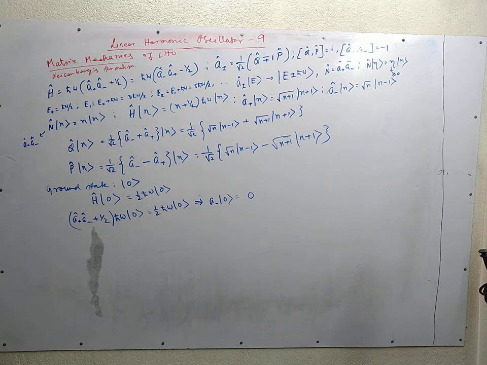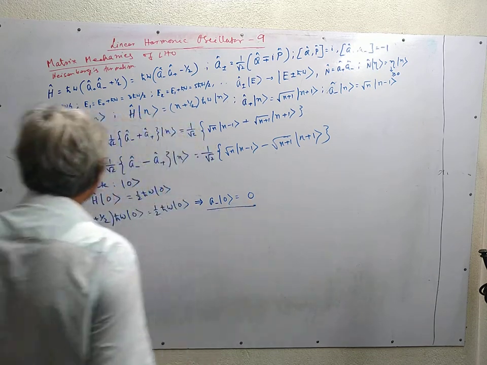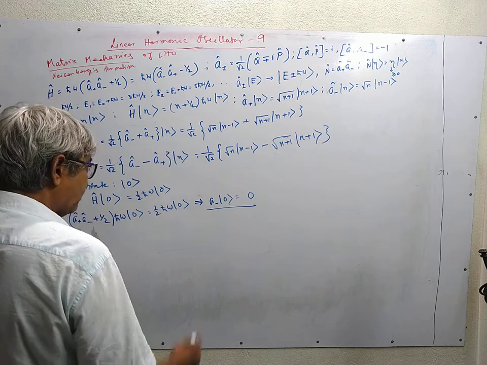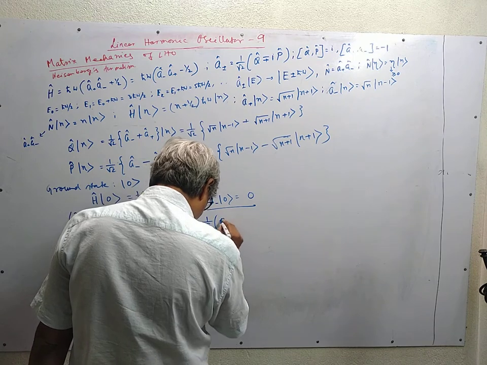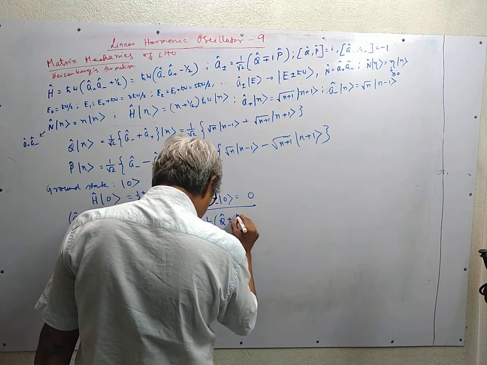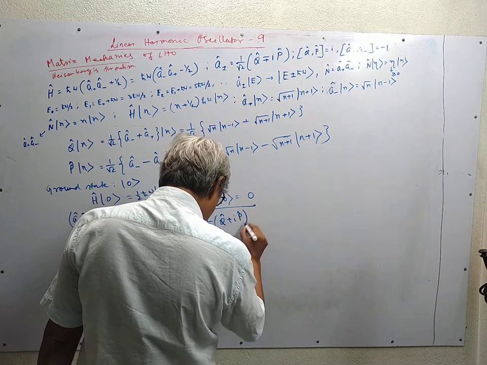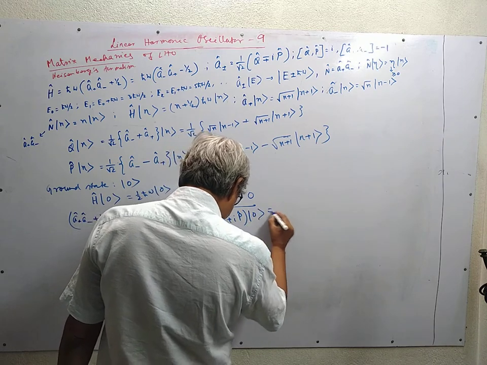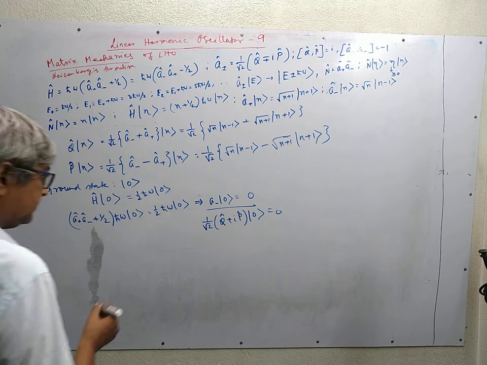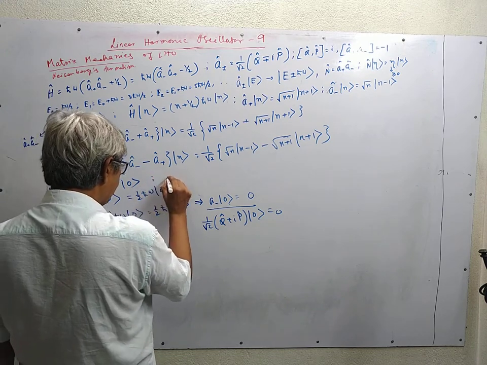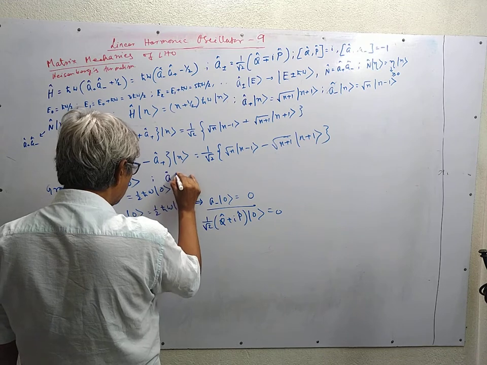Now we write this equation explicitly. We write that the ground state is that for which this is 0, and for A minus we write this. This is the signature of ground state. Before proceeding further, let me write this ground state property.